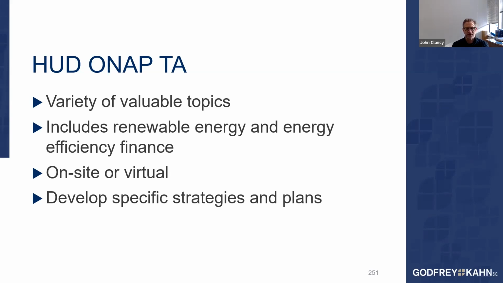And then there's also HUD ONAP TAs where a particular tribe or group of tribes will ask for a TA on a certain topic. And there's a variety of topics that are all, in my mind, very valuable to housing authorities, for which TAs can be sought, and they are sought.